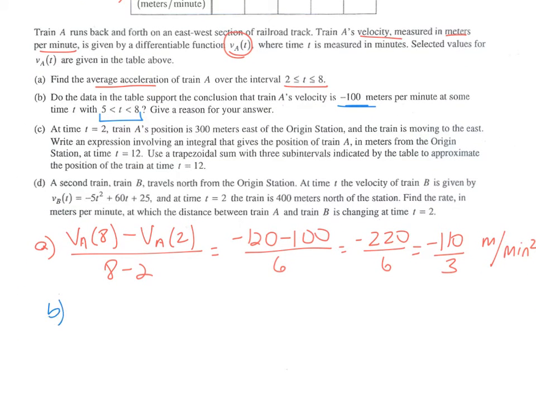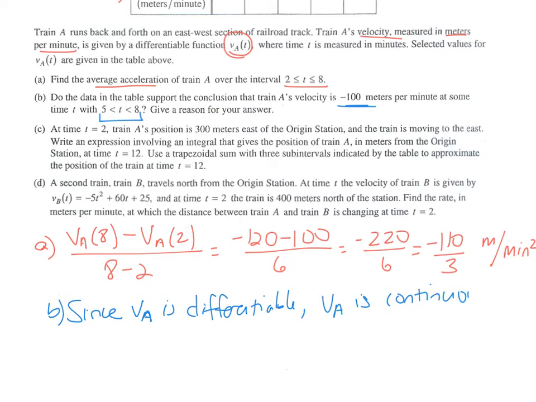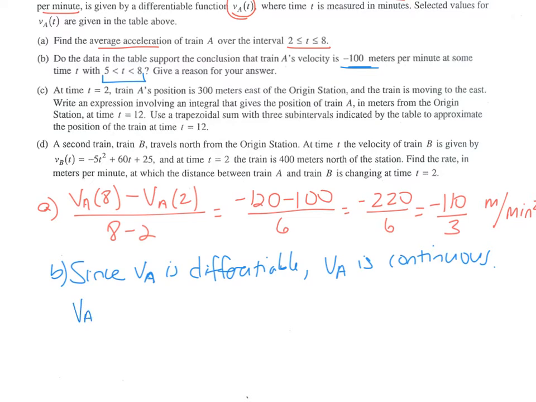So part B, since our function is differentiable, we also have continuity. And we also have the fact that our function value at 8 is smaller than negative 100, which is then smaller than our function value at 5.